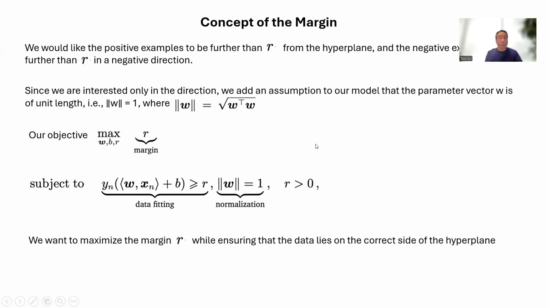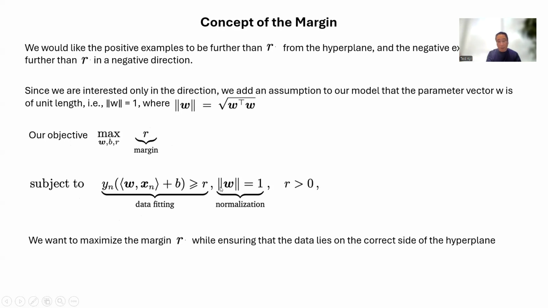Yeah. So if we define a good hyperplane using our wx plus b equation, then what we want is to have r, which is the smallest distance between any point and the hyperplane. We want to maximize what that r is. Okay. And so the formal definition is we want the maximum value of r given that we have this equation where all the points are r distance away or farther.